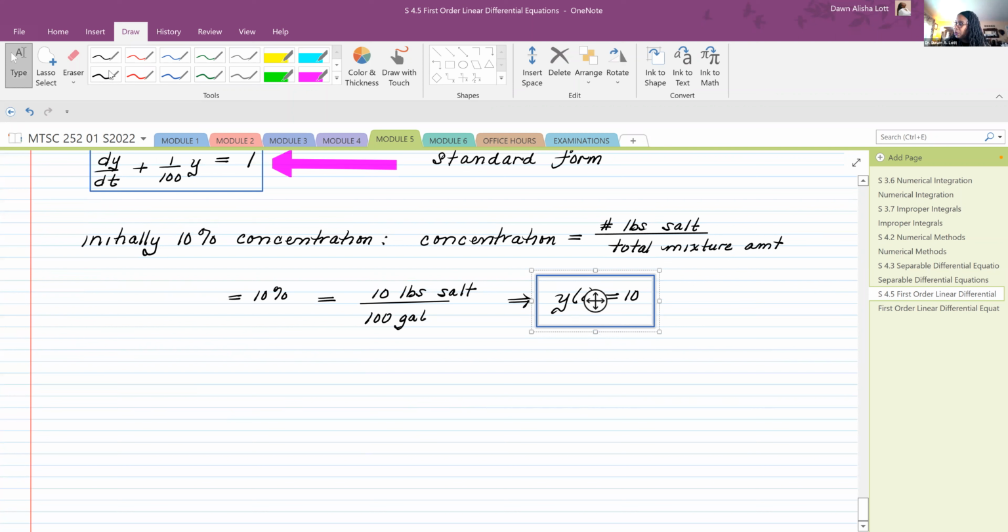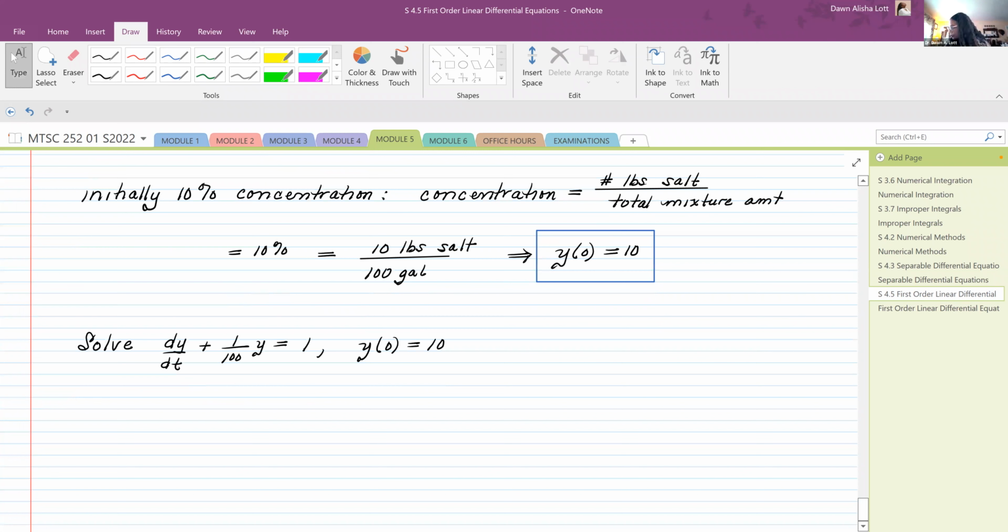Okay, so now it is your job to solve dy dt plus 1 over 100y is equal to 1, subject to y of 0 is 10. So what do we do? I have 4 steps to solve this.